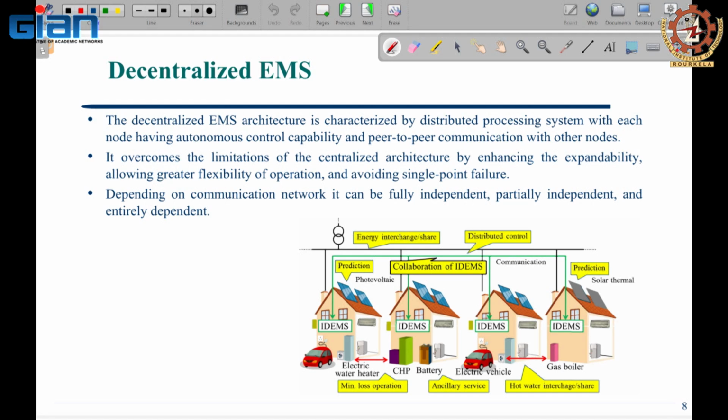So it will overcome some of the limitations of the centralized architecture by enhancing the expandability, allowing greater flexibility of operation and avoiding single point failure. So some of the issues we see in the centralized one can be avoided, and depending on the communication network, it can be fully independent, partially independent, or entirely dependent. Okay, so this is there.